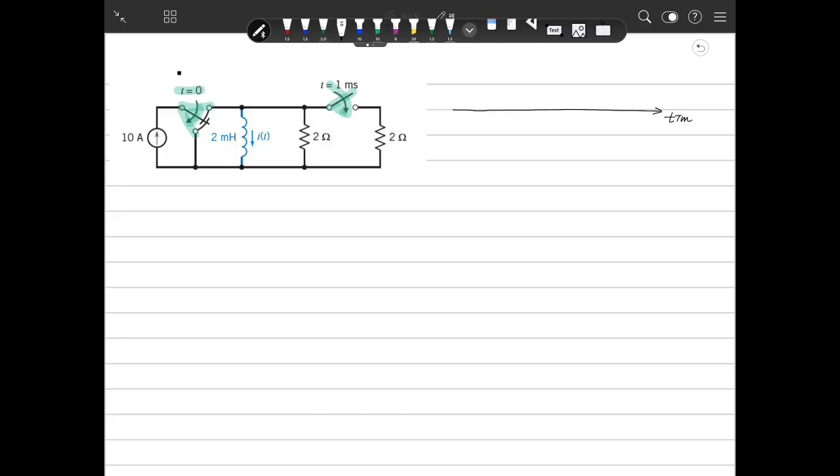This is time t, and this is 0, and this is 1 millisecond. That means here we have circuit 1, and here circuit 2, and here circuit 3.